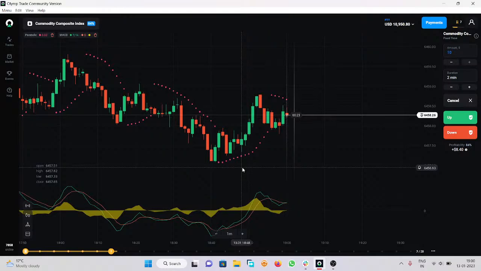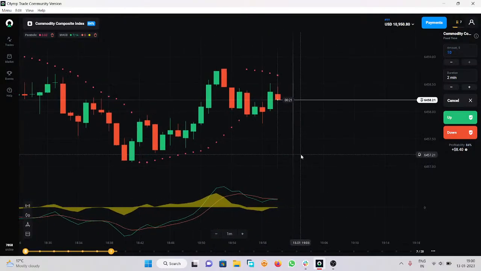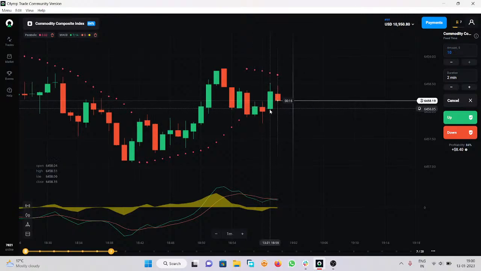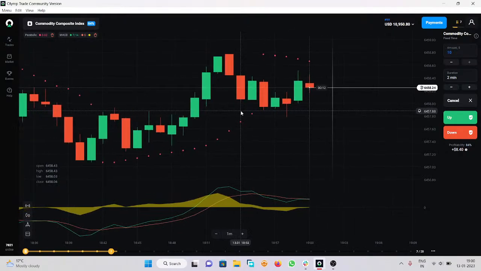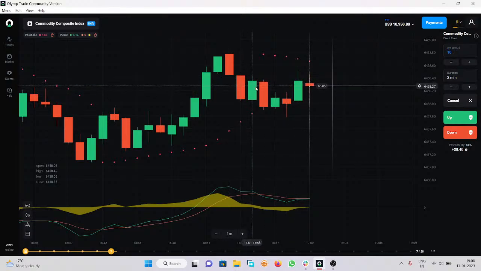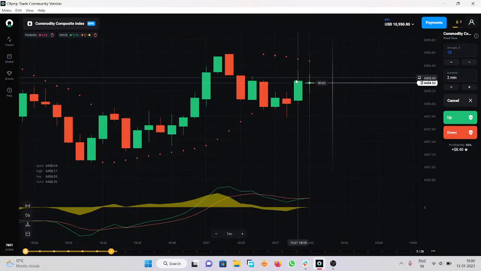Now let's try to open some trade. As we see, the chart is actually not fine. Here I can open the trade, but I'm still not sure. I'm in doubt whether my trade is going to be positive or not, because I'm watching that the last candles formed are not correct.